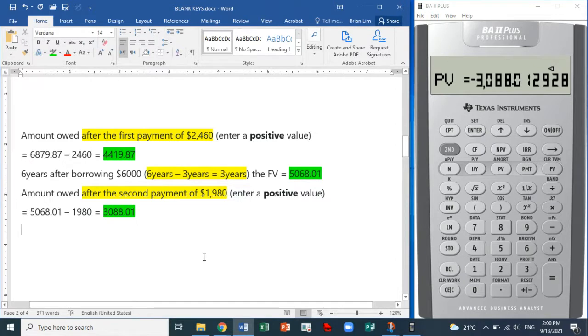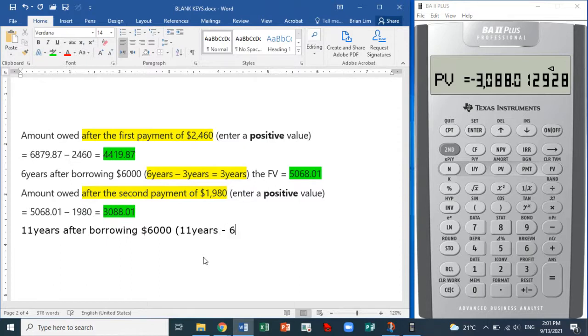So after 11 years after borrowing $6,000, we will have 11 years minus 6 years, and that would be equal to 5 years.